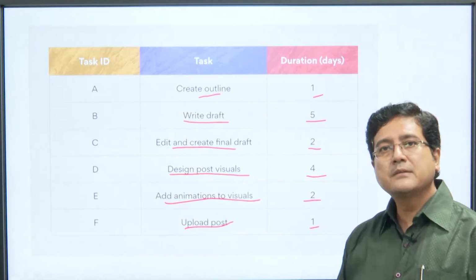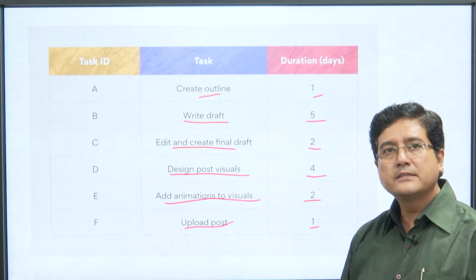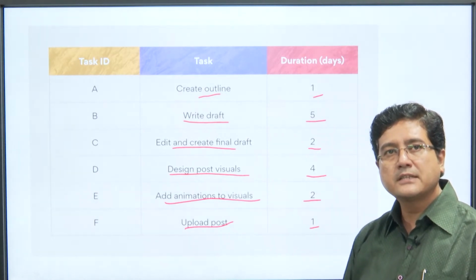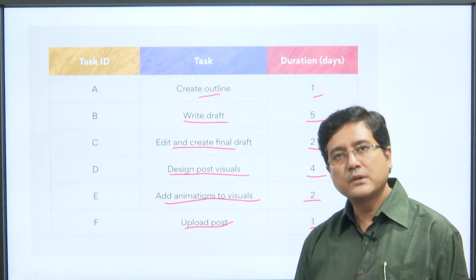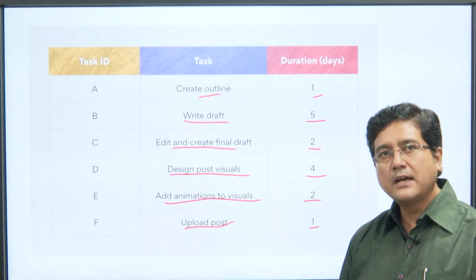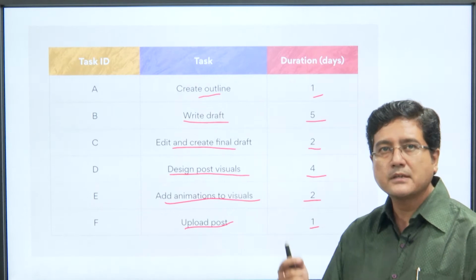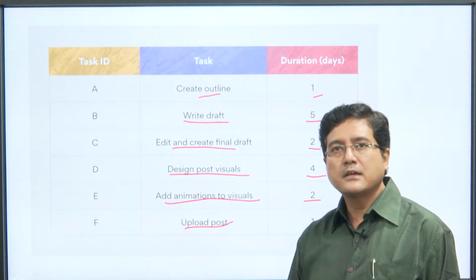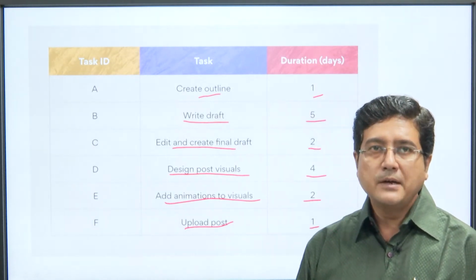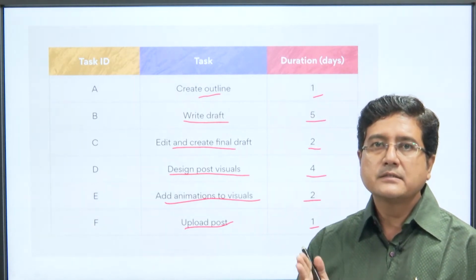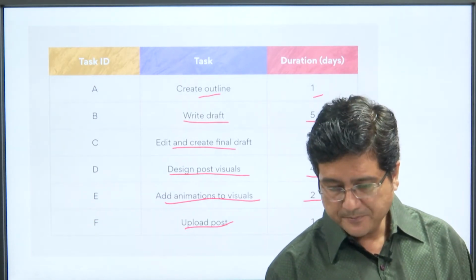So this is a project with 6 tasks, A, B, C, D, E, F, and each task has an assigned time duration. Secondly, each task is the responsibility of a certain person, and each task depends on the others.